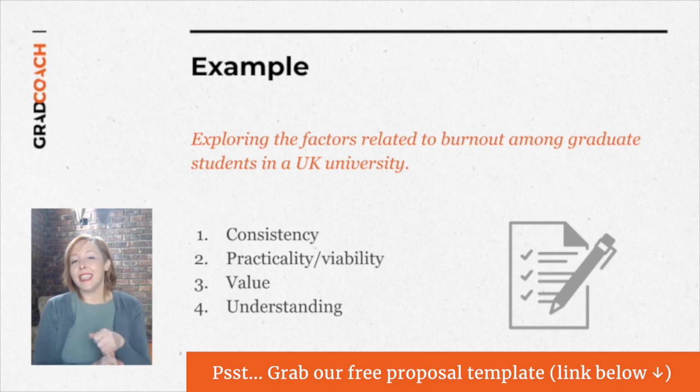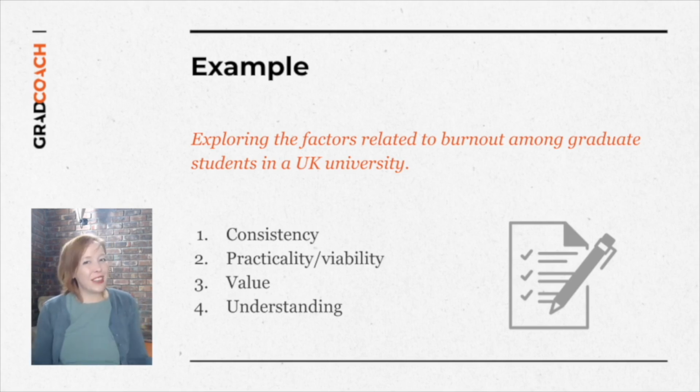The second thing, as I said, is practicality. If somebody is exploring the factors related to burnout among graduate students in a UK university, and they are part of a US university, that might make things difficult.